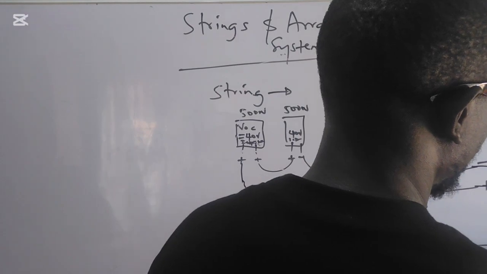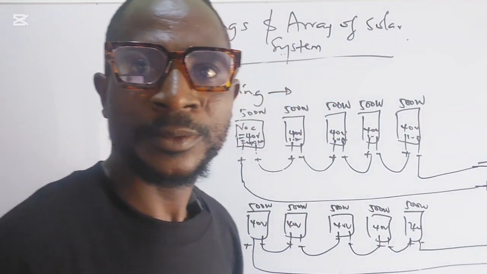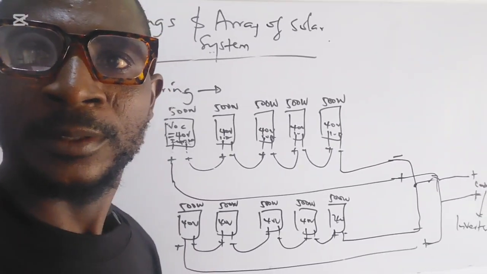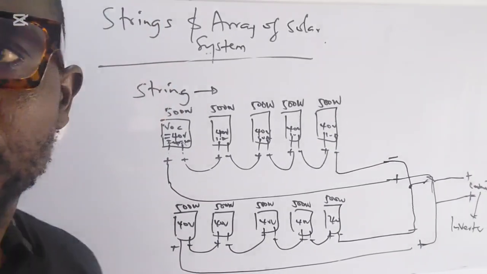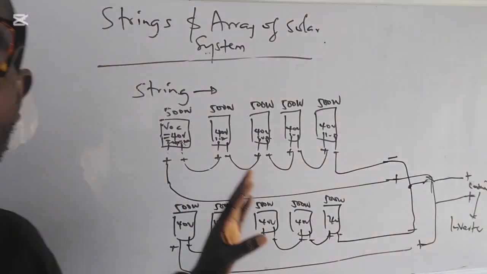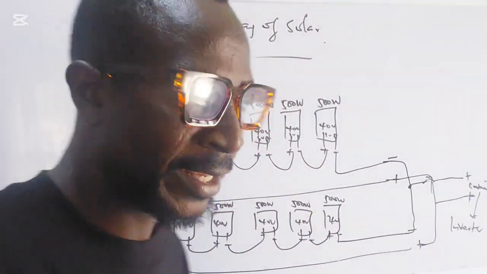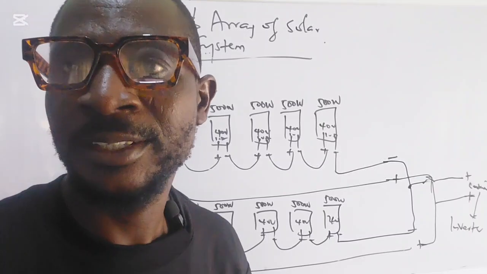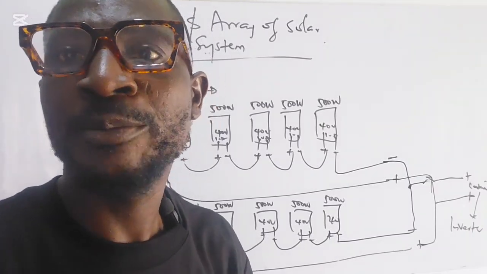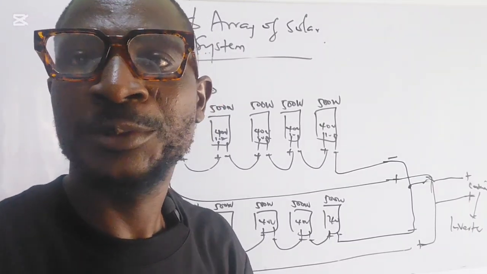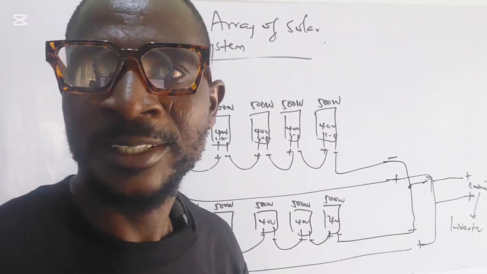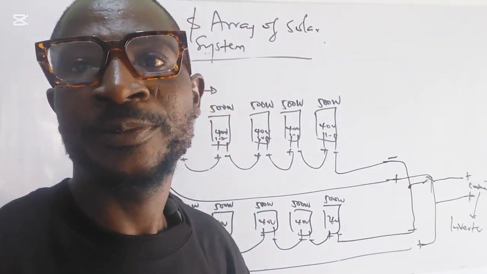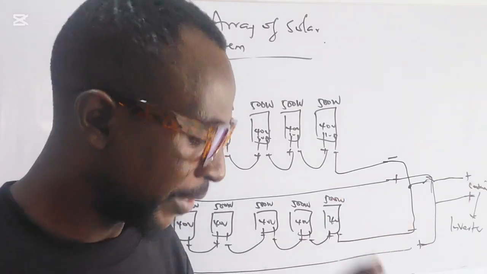Then you have your inverter. You see it now. So the aggregation of strings is what we call an array. An array can have multiple strings. It can have 2, 3, 4, 5 strings. That means the total solar sector in a solar installation is what we call an array.